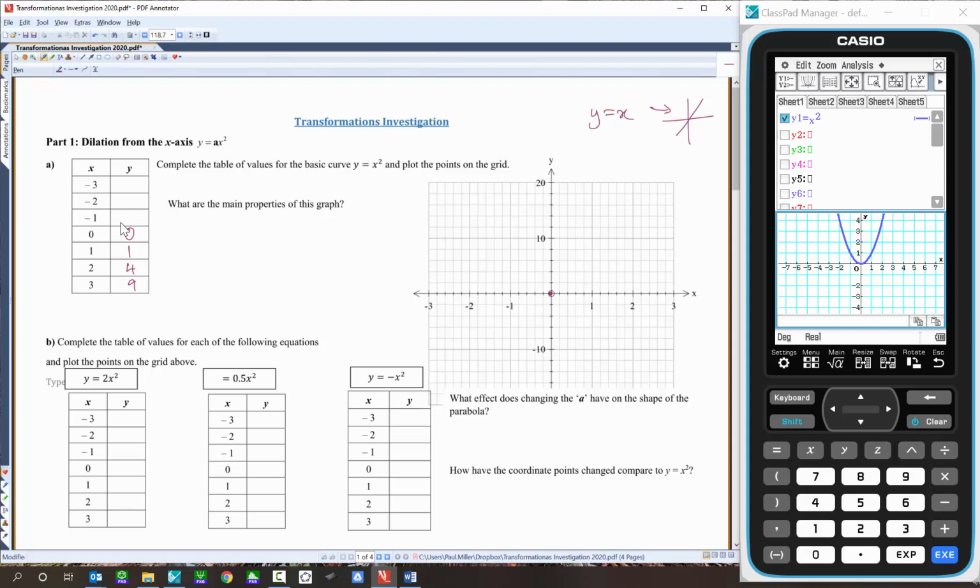Now over here with the negative values, when I sub negative 1 in, negative 1 times negative 1 is positive 1. Negative 2 times negative 2 is positive 4. And negative 3 times negative 3 is positive 9. And again, what you can maybe see is these values are symmetrical. And that's what gives the parabola its shape.